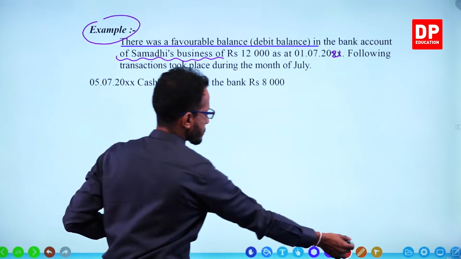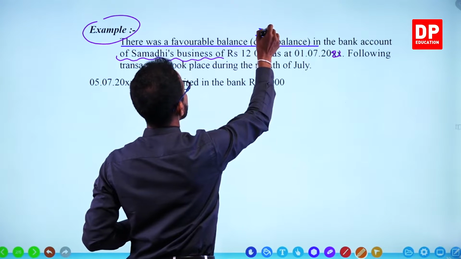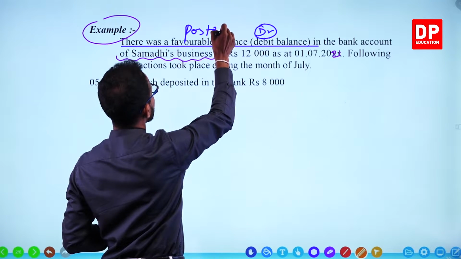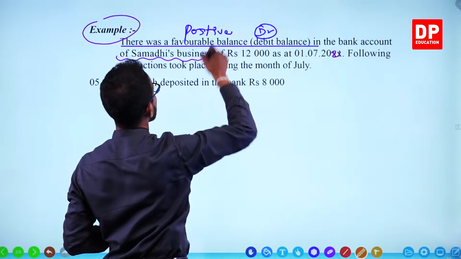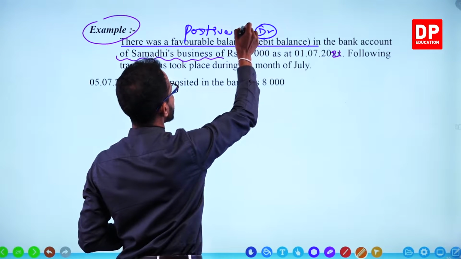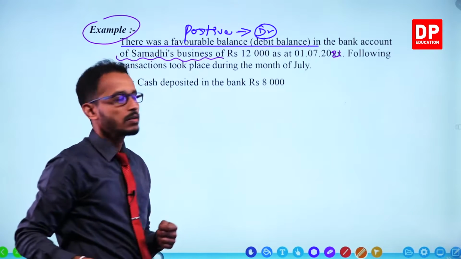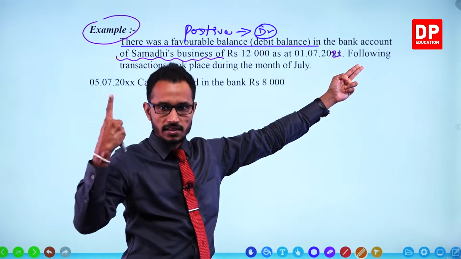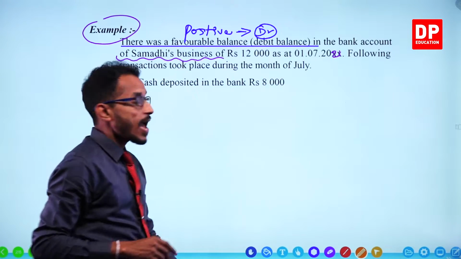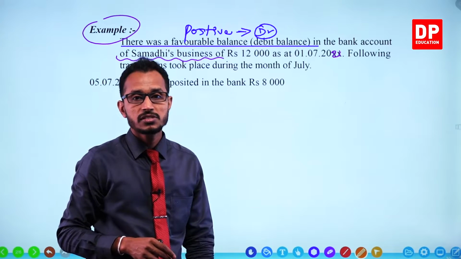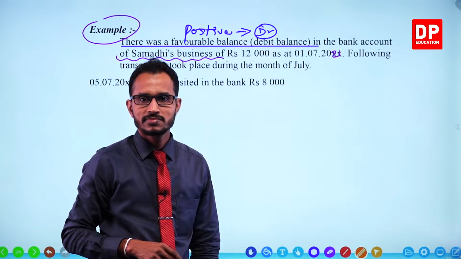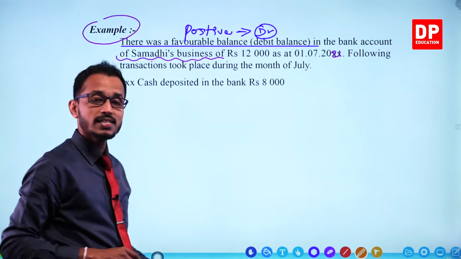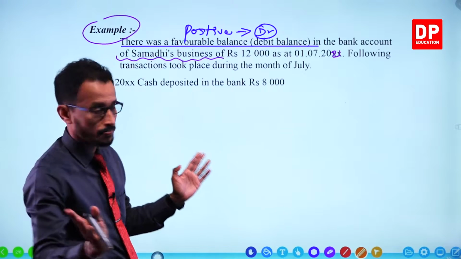Positive means debit, in the bank account to start with, like 1st of July. And the business transactions started for the month. Yeah, let's look at how the transactions have taken place during this month.